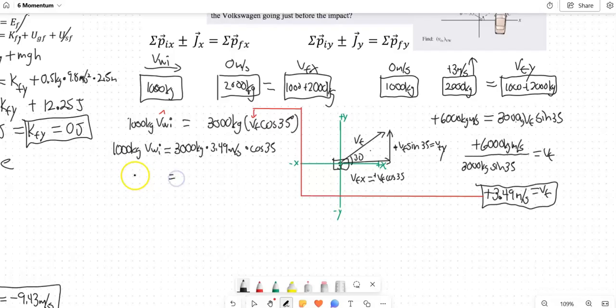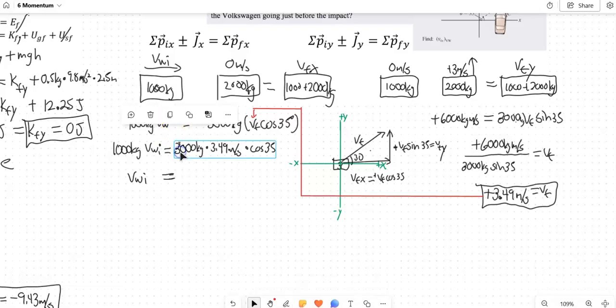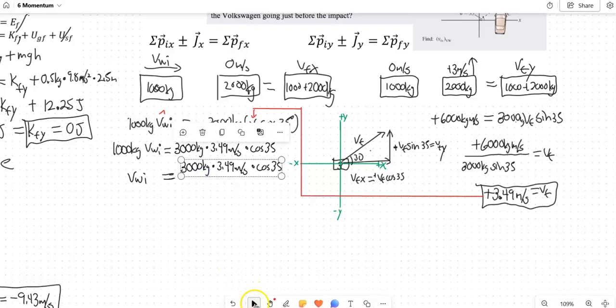So VWI is going to be equal to this whole thing divided by 1,000 kilograms.